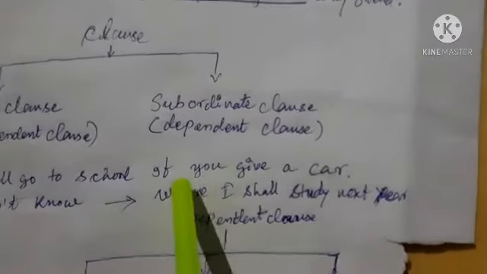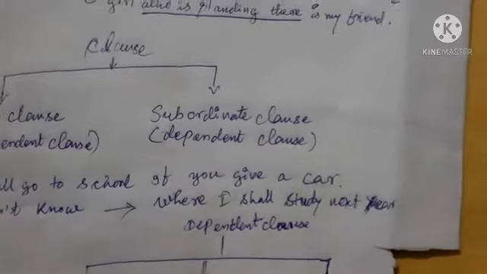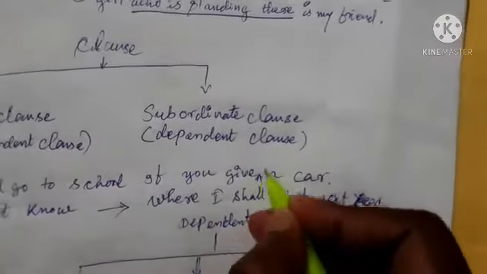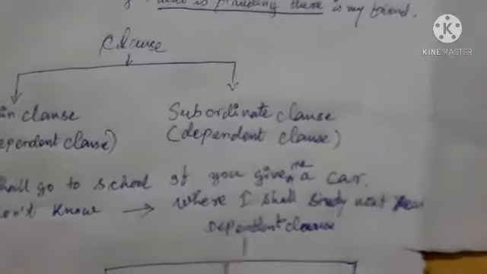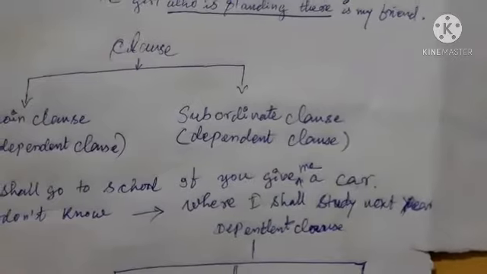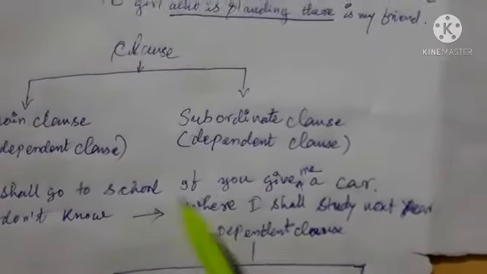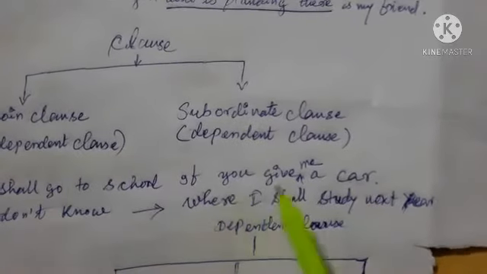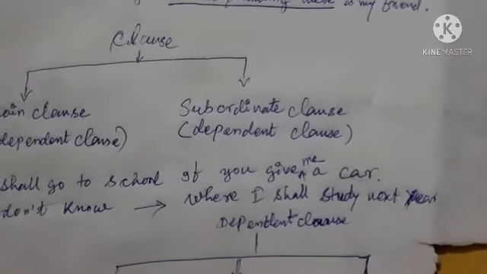For example, "if you give me a car", what? It does not have complete sense. So it depends upon the main clause for complete meaning, like "if you give me a car, I shall go to school." Then there is full meaning.